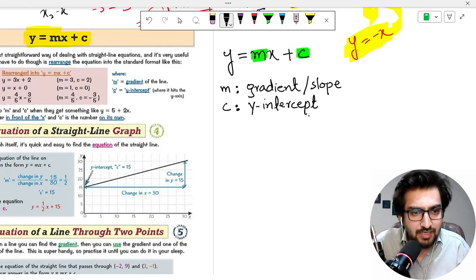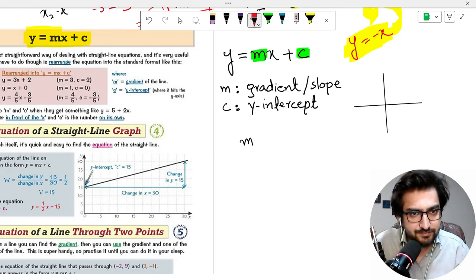For example, if we are given m and c, let's say there is a graph. These are coordinate axes, and let me draw a graph like this. So this is the line for which I want to find out the equation.